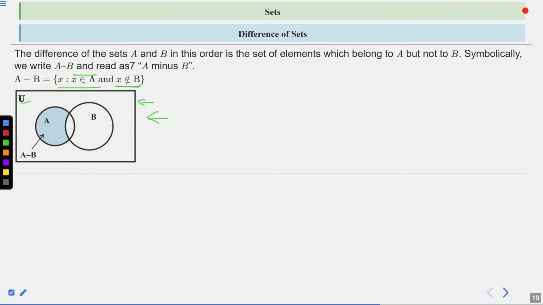Clear? I hope this Venn diagram representation of the difference set is clear.